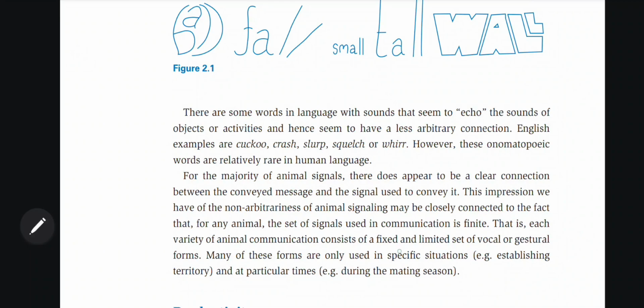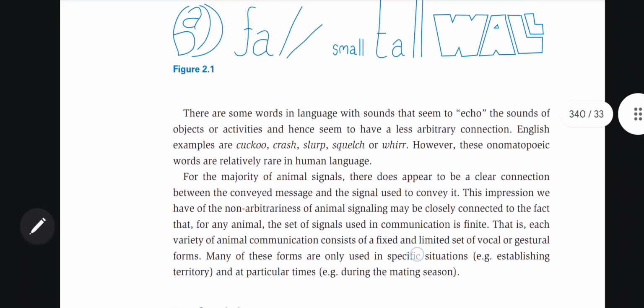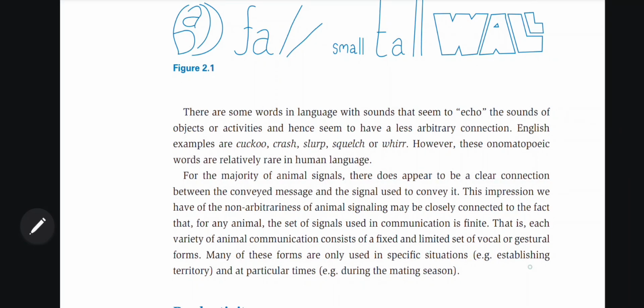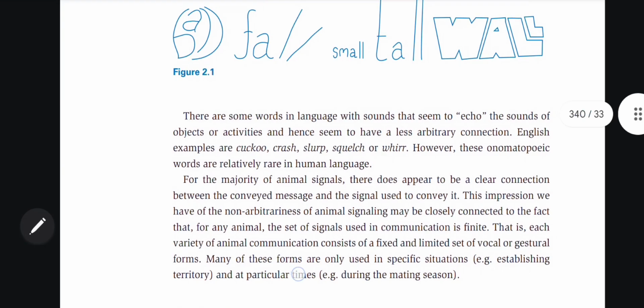That is, each variety of animal communication consists of fixed, limited signals. Many of these forms are only used in specific situations, such as establishing territory and at a particular time during the mating season. That's all about arbitrariness.